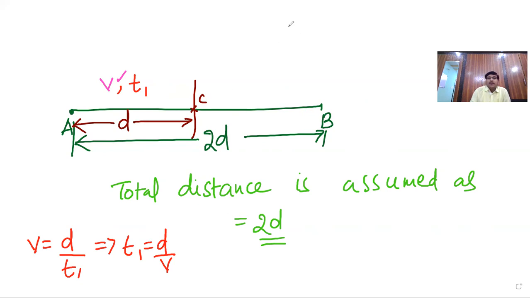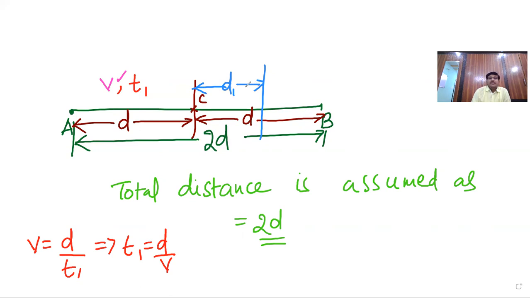Okay. Now, observe, the remaining half distance is D. Clear? Out of this, some portion we don't know. Some portion D1, I am assuming some portion D1. Distance is not given.